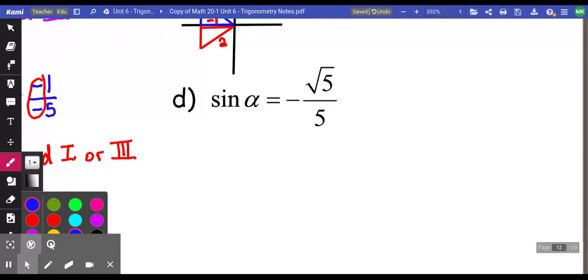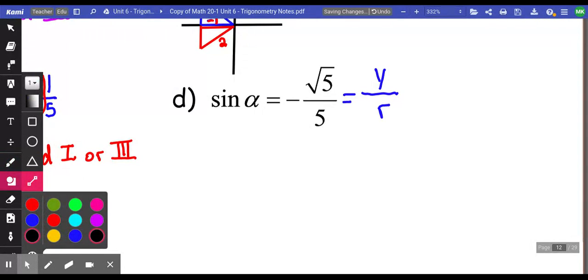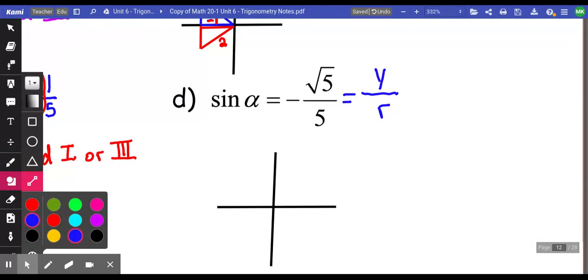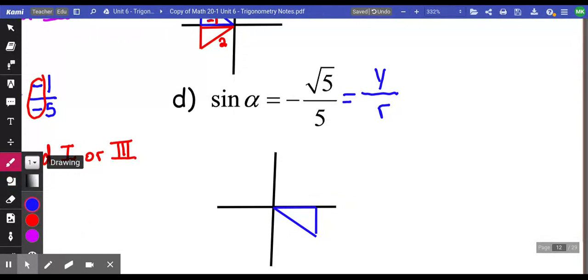If you did this one on your own, sine is y over r. That means to draw this thing, its y is negative 5, so that means I've gone down. So I could go like this, because that would have a y value of negative root 5 and an r value of positive 5.